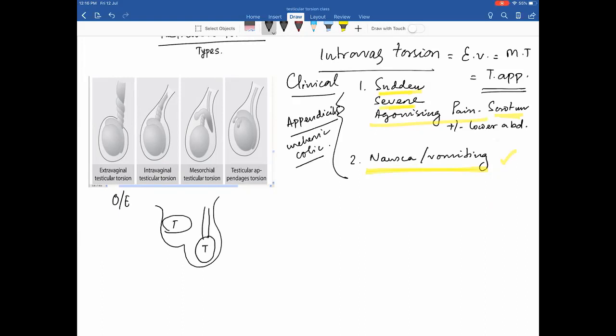Sorry, the affected testis is said to be higher than the opposite side and is transverse in orientation. So please remember this: a high riding testis with a transverse lie.